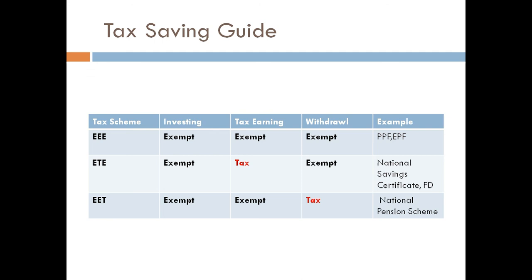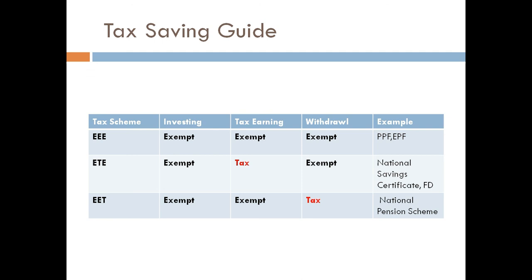The second is the ETE scheme. When you are investing in National Savings Certificate or FDs, you can get tax benefit under different sections in income tax. Then when you are getting interest on this scheme at the end of the year based on the agreed rate of interest, it would be taxed based on your tax bracket or whatever declaration you have given to the bank.